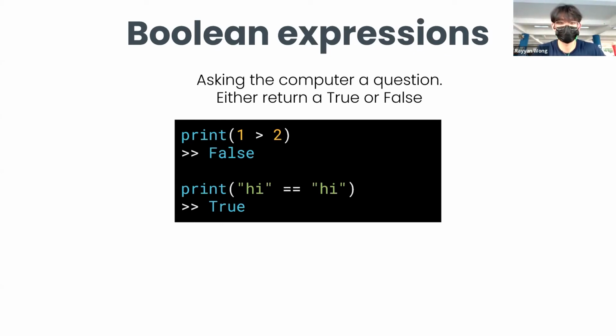These are Boolean expressions. You can see here some examples: is 1 greater than 2, or is the string high equal to high? This is basically asking the computer a question and it outputs either true or false. Very simple, and you'll be using these a lot later during your conditionals section.